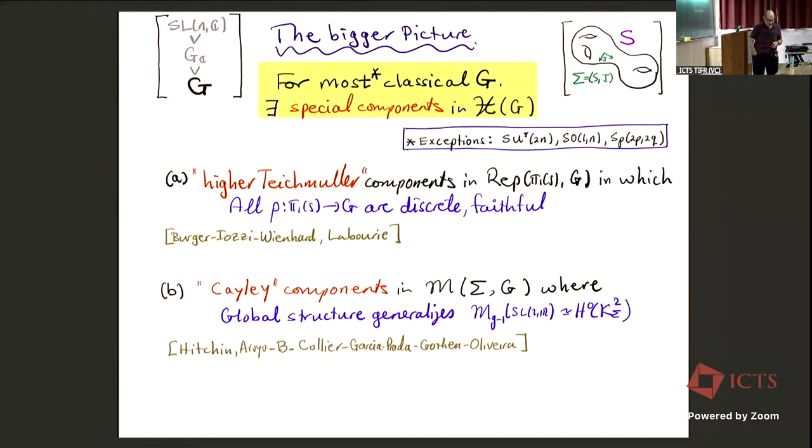So that was particular, a lot of that was particular to SL2R, but there are features of this that are more general, and this is the subject matter of higher Teichmüller theory.